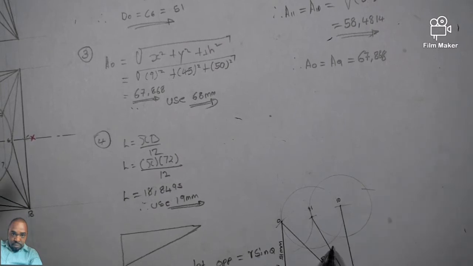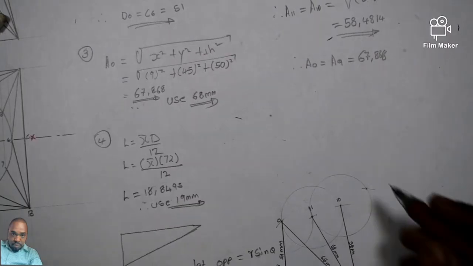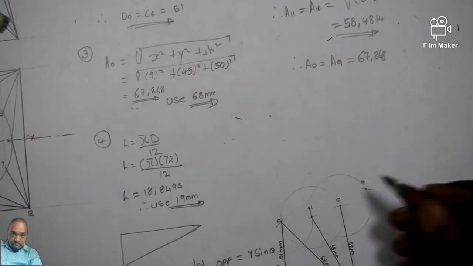So which means here I can say it's 58 millimeter. This one is still 58 millimeter. So where this one is bisecting is my point 9.